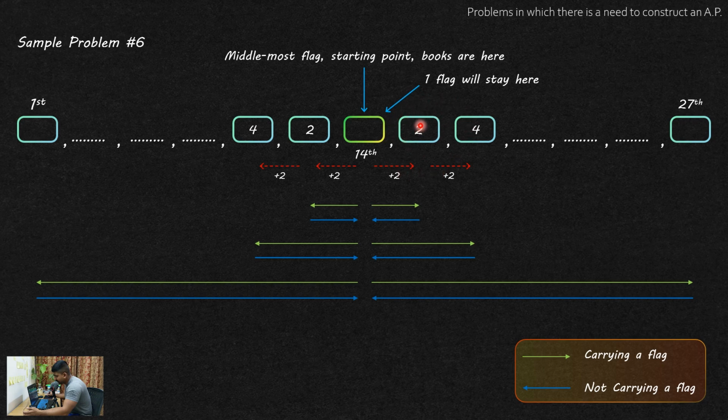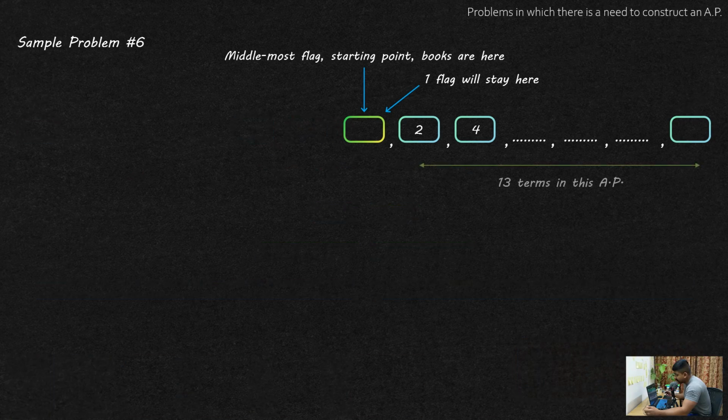To put the first flag on the right hand side of this 14th flag, she has to travel 2 meters. So 2 is written here. Now to place a flag over here, she has to travel 2 plus 2 meters. It means 4 meters. Similarly for the left hand side. So both of these sides are similar to each other. Right now we'll only focus on the right hand side. This has a total number of 13 terms.